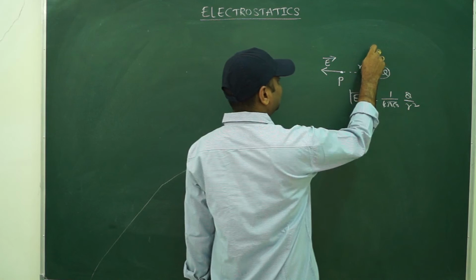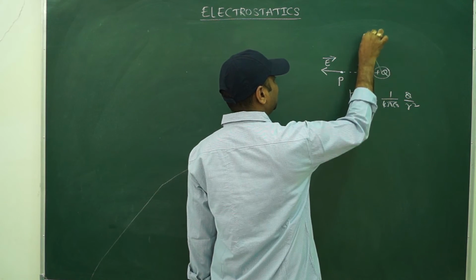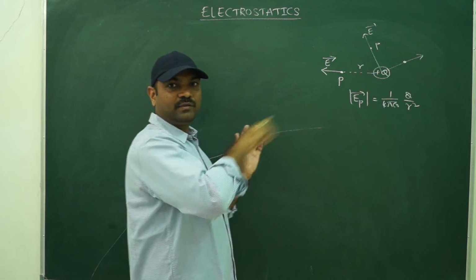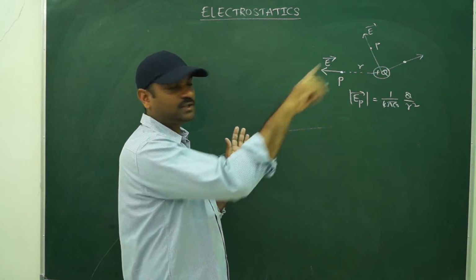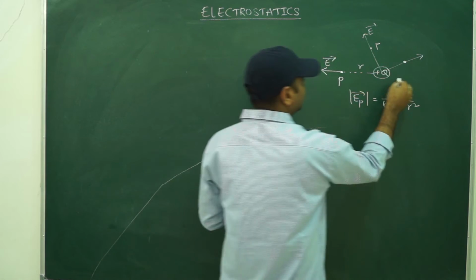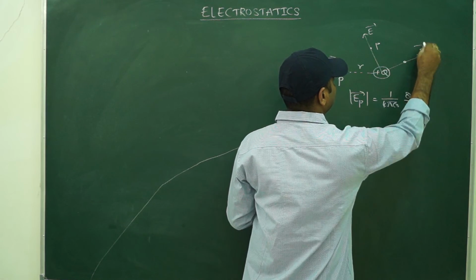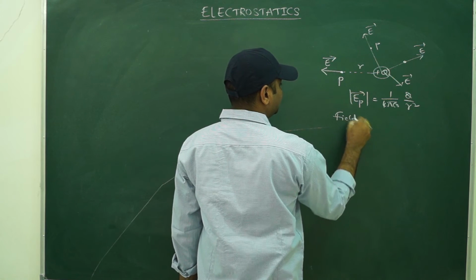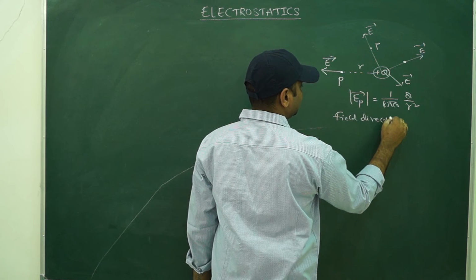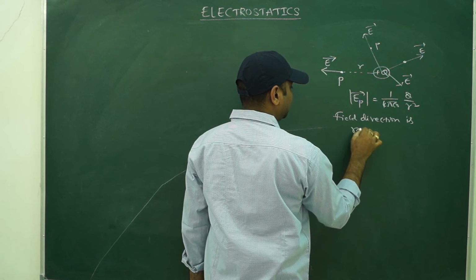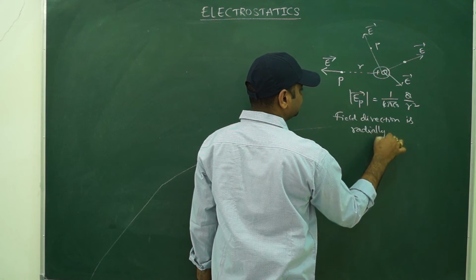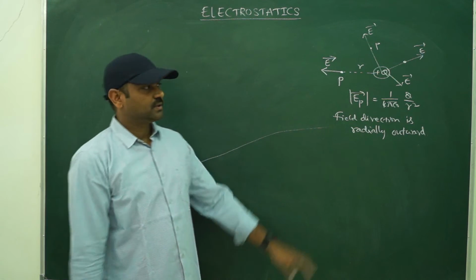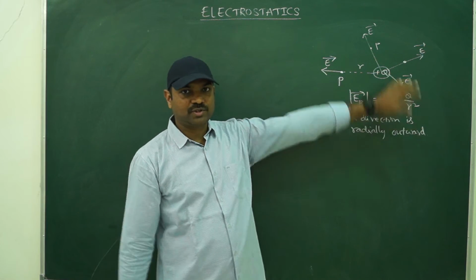The direction of the field is always radially away for a positive charge. You take any point, if you draw the line joining the point and charge, then you will get a radial line. So the field direction is radially outward.